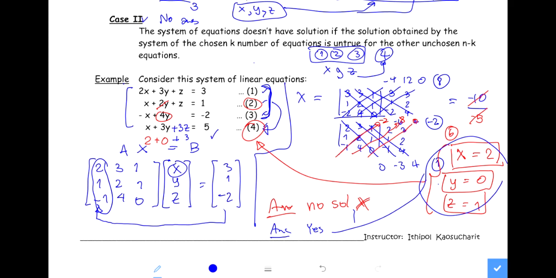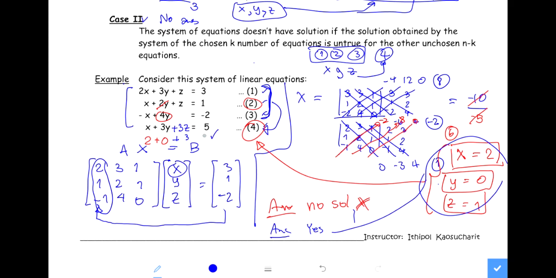Okay. So you get it now, right? You choose any 3 equations because you have 3 unknowns, and then you solve for x, y, and z. You can use Cramer's rule, you can use the inverse method, or any method that you want, and then when you have the answers, you substitute back into the unchosen equation.